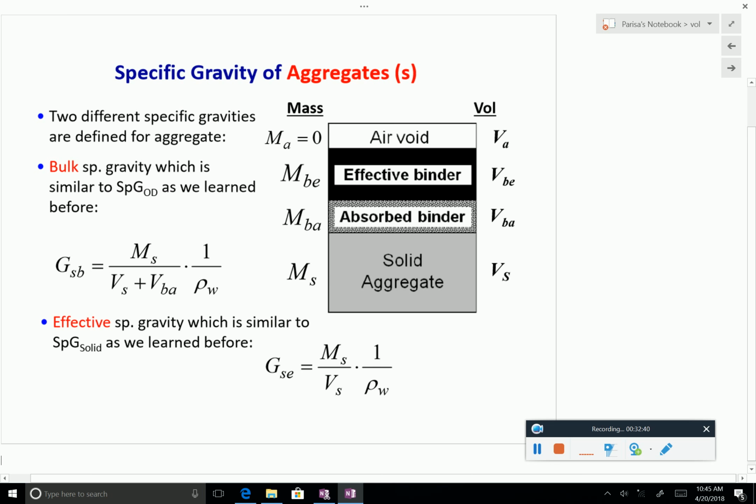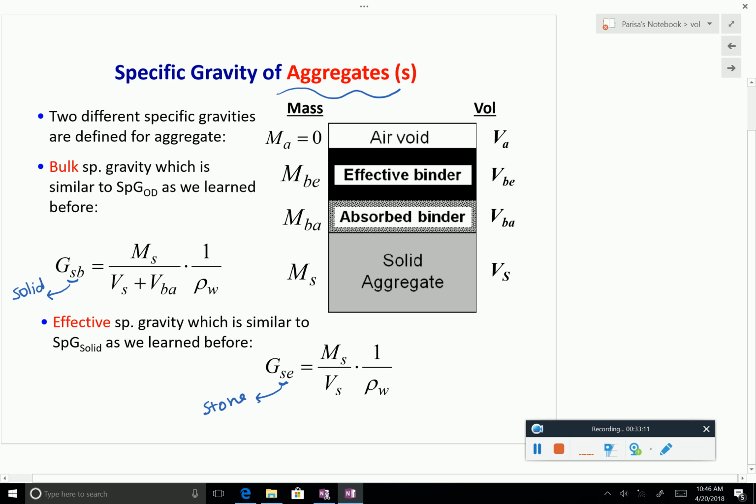Okay. Now specific gravity. So we have a bulk specific gravity. This is just for aggregates. So that's why you have S here. When we have S, this is referring to solid or stone. Some people like to say it's stone.